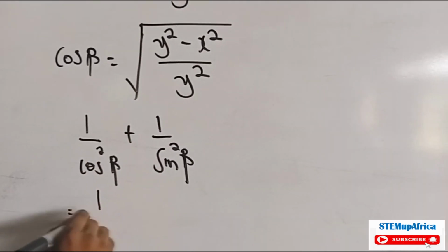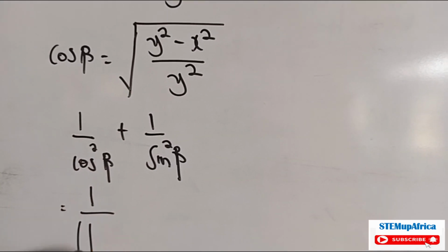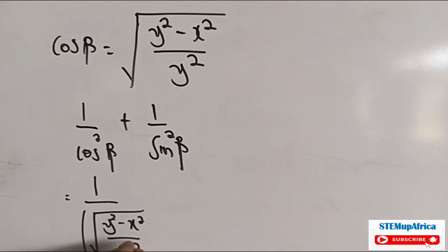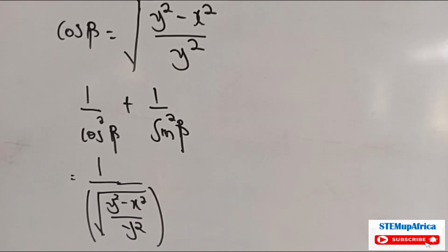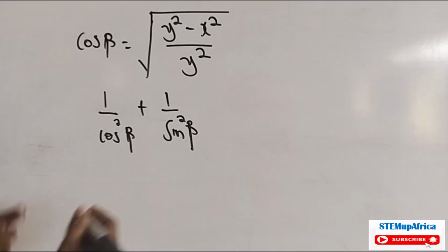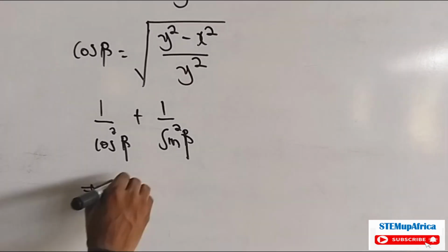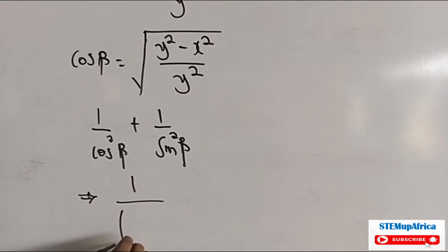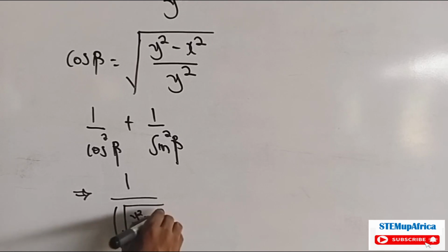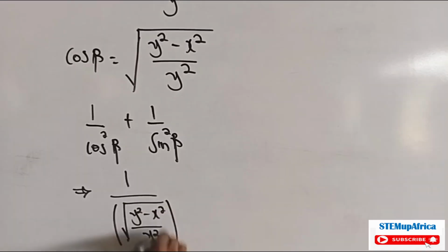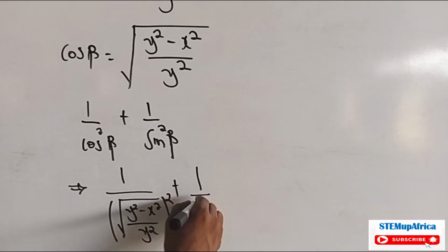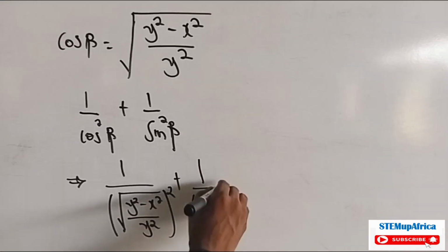So this will give me 1 over, open bracket, square root of y squared minus x squared over y squared, all squared, plus sine beta is x over y, so here becomes x over y all squared.